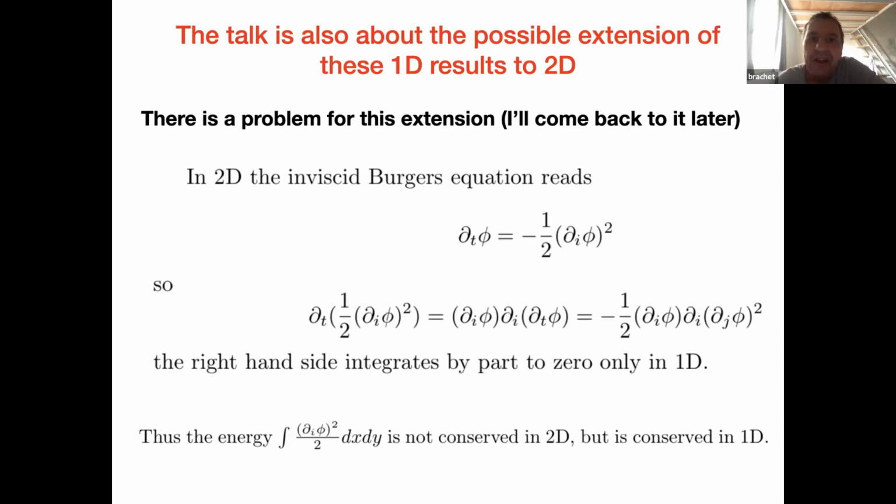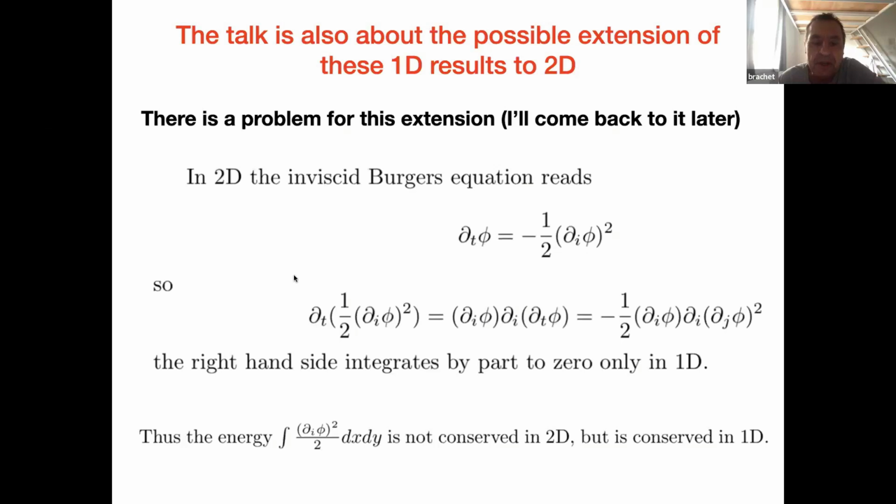There is a problem for this extension, and it's a problem that not everybody realizes, and it's very simple. If you look at the Burger's equation, the inviscid Burger's equation is the one that is written here.